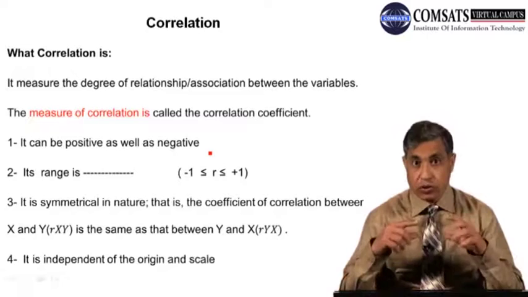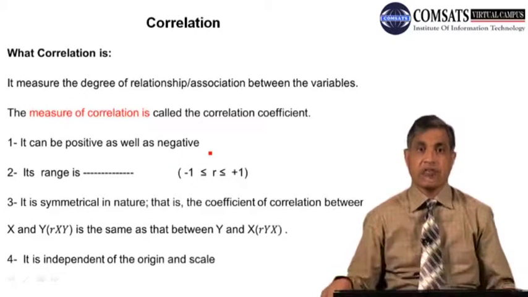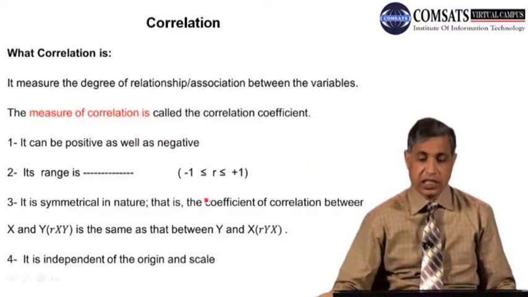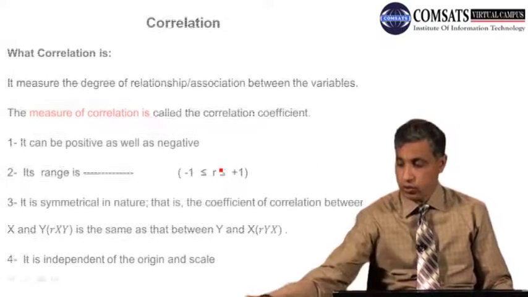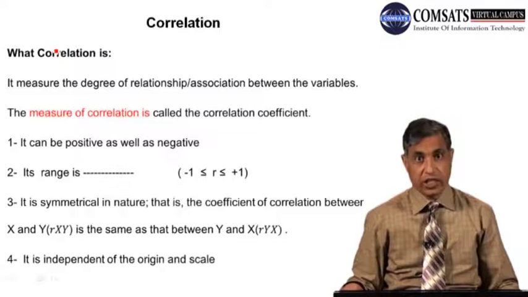So the degree of association we will denote with a specific symbol, that is r. This r will be called the coefficient of correlation.